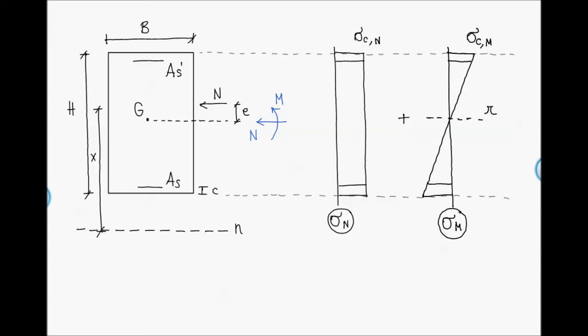While the diagram on the right instead is the diagram if we consider only the presence of the bending moment M. We have indicated with sigma Cm the stress in concrete in this situation, and with R the neutral axis if we have only flexure on our cross-section.